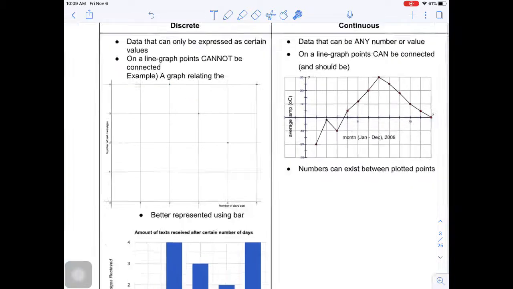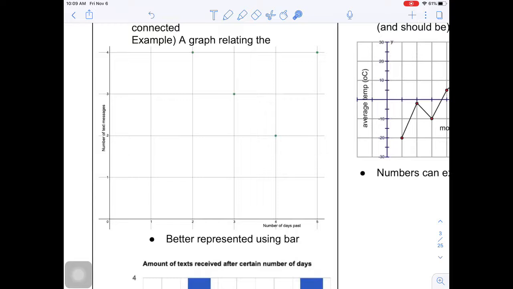So here we can see a graph that says number of days passed and number of text messages received. So here, like on the first day, we received none. Okay, we don't have a point. But on the second day, we received 4. Now, you don't have to write this, but we wouldn't connect these points, okay?